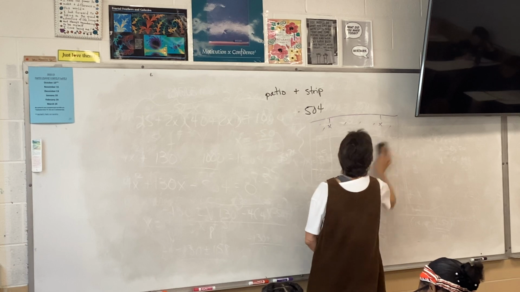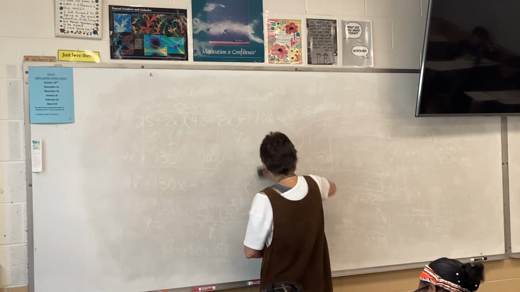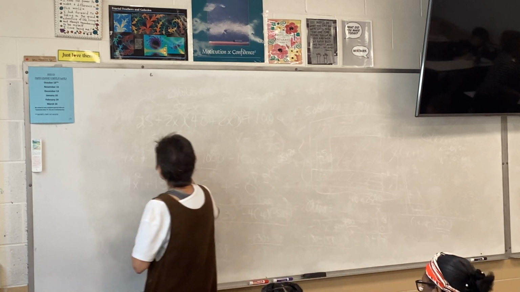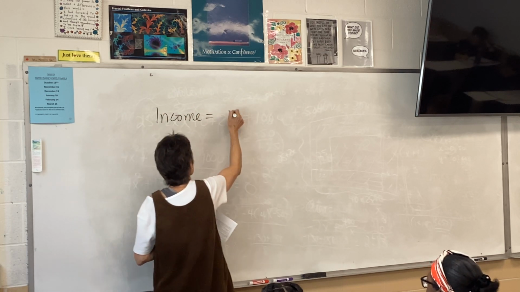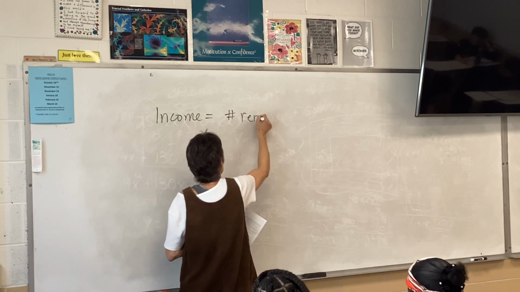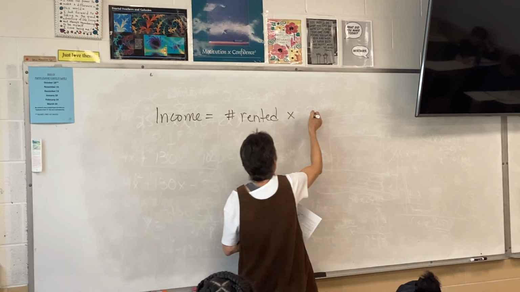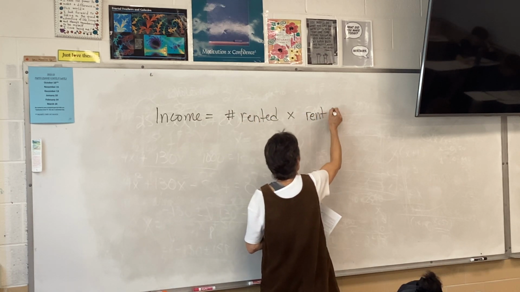800 times 300. Yep. So basically what you're saying, Jake, is that income can be calculated by taking the number rented times the rent per unit.